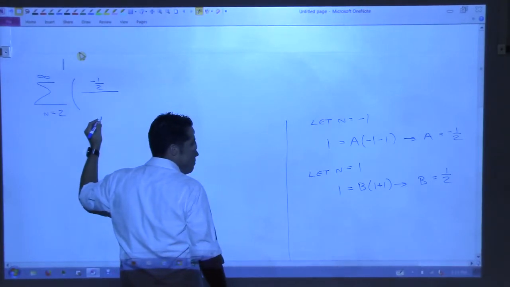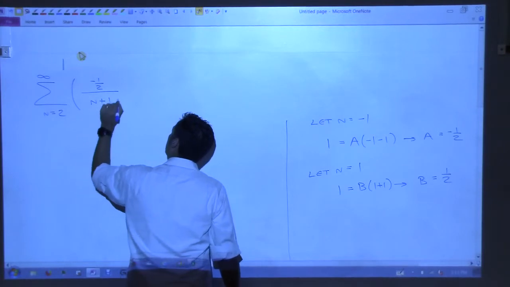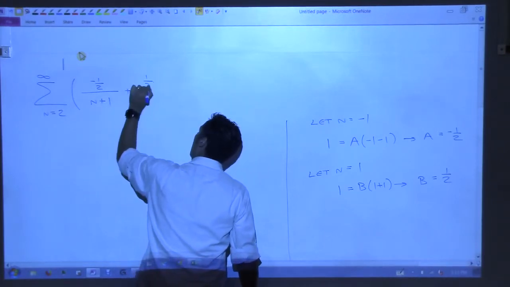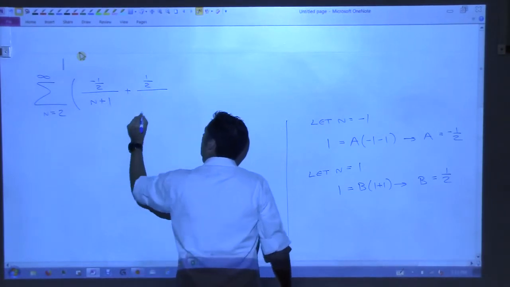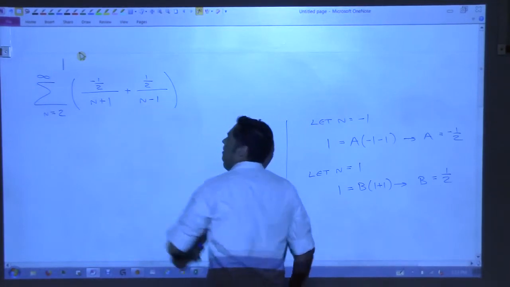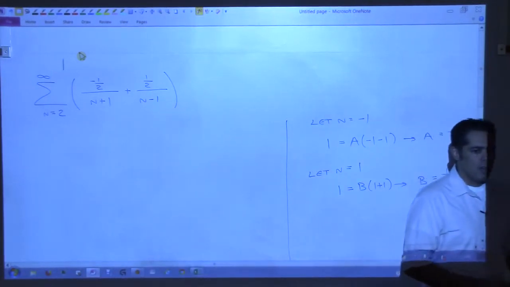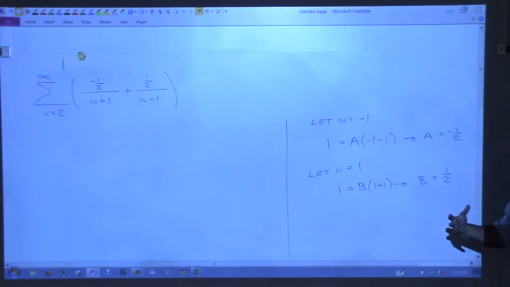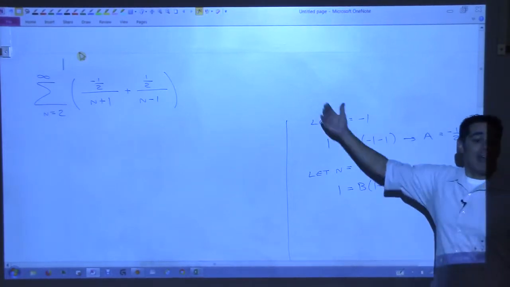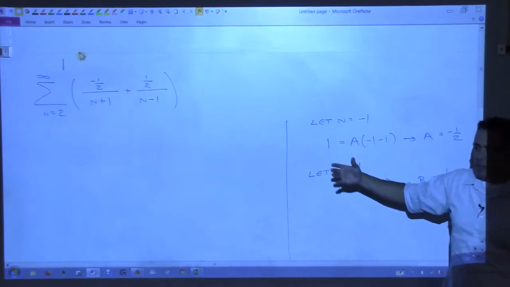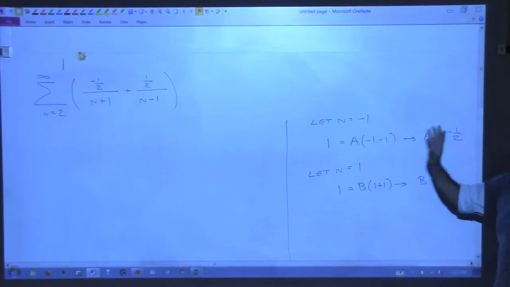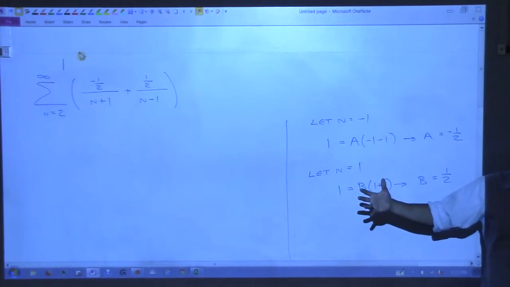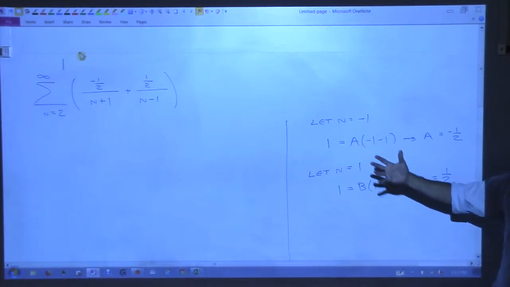N plus 1. And then plus b, which is 1/2 over n minus 1, right? That should be the same series, because all I've done is algebraically transformed that inner piece. That should add up to be the same thing. As I start writing out the pieces, it's going to look different, but the infinite sum should be the same.